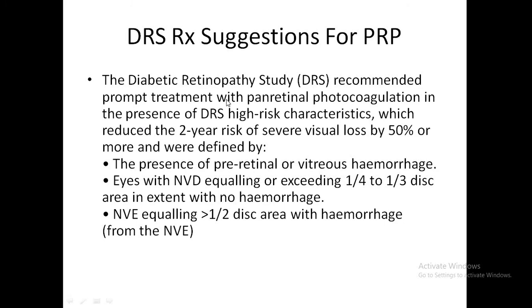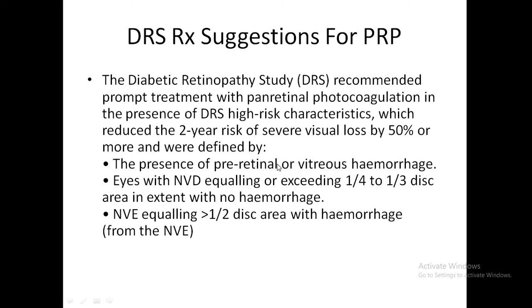And the Diabetic Retinopathy Study group recommended prompt treatment with PRP, pan-retinal photocoagulation, in the presence of high-risk characteristics, which reduces the 2-year risk of severe visual loss by 50% when you treat it. So the high-risk characteristics are the presence of pre-retinal or vitreous hemorrhage, eyes with new vessels near the disc equaling or exceeding 1/4 to 1/3 disc area in extent with no hemorrhage, and new vessels elsewhere equaling more than half disc area with hemorrhage.